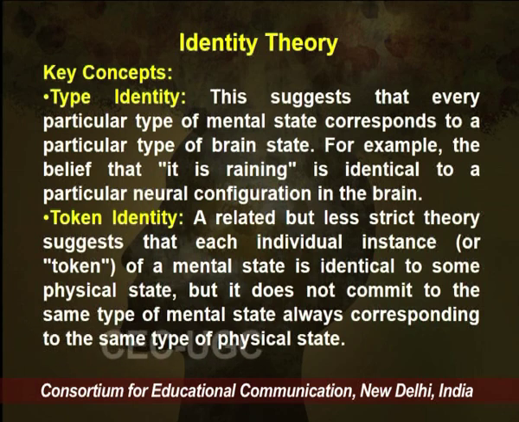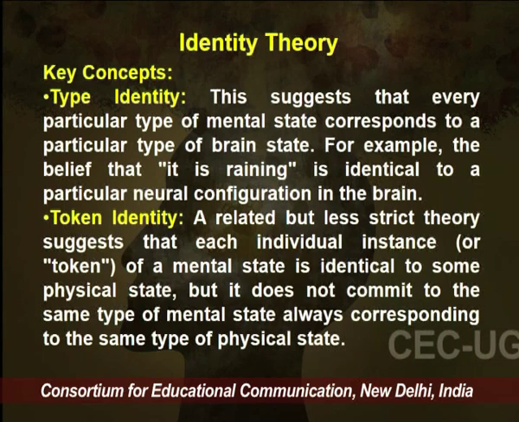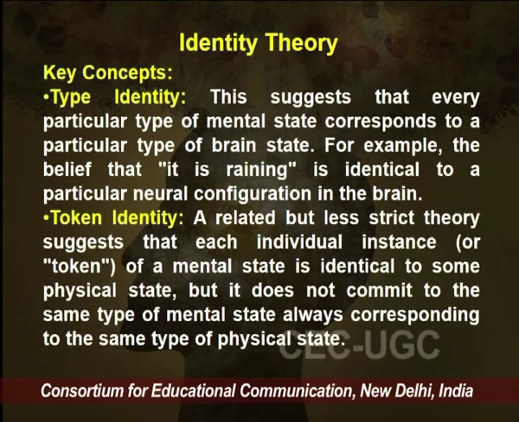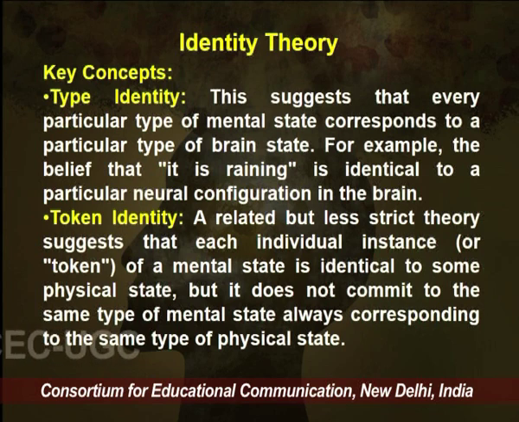Token identity. A related but less strict theory suggests that each individual instance or token of a mental state is identical to some physical state, but it does not commit to the same type of mental state always corresponding to the same type of physical state.